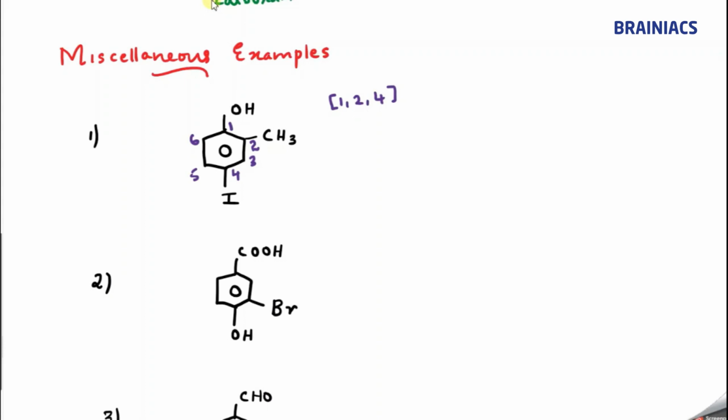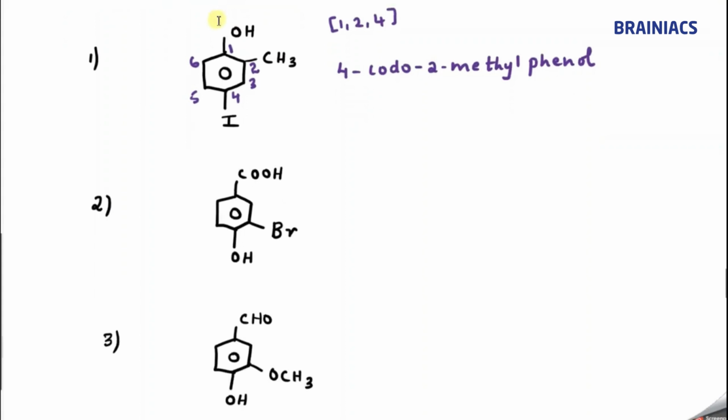Who comes alphabetically first? Iodo. So I can say 4 iodo, correct? 2 methyl, correct? Then comes the word root. We know that it's a derivative, OH is a functional group, so it's a derivative of phenol. So 4-iodo-2-methylphenol, correct?